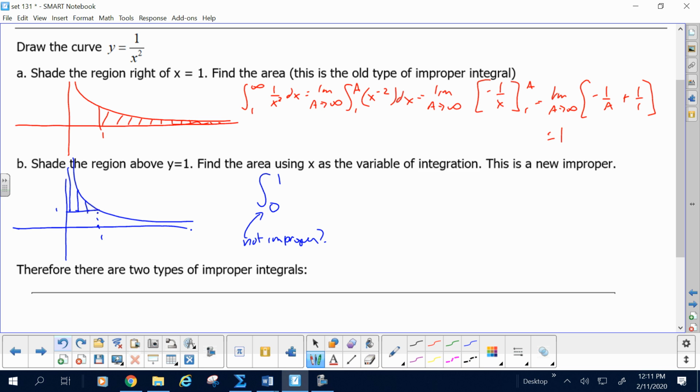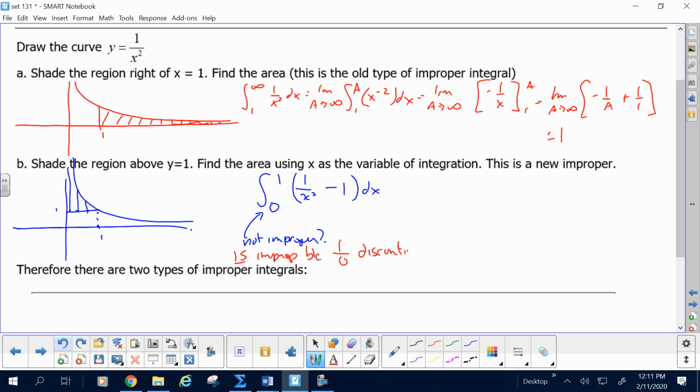But what is the integrand? Upper minus lower. 1 over x squared minus 1. Okay. Now, although it doesn't feel improper, it is improper because of the 1 over 0 discontinuity kind of thing.